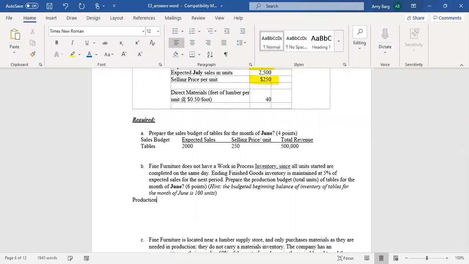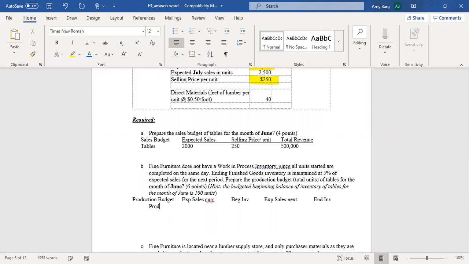So the production budget, we want to know expected sales currently. We're going to want to know what the beginning inventory is. We're going to want to know what the expected sales for the next period are. We're going to want to know the ending inventory, and we're going to need to know how much goes into production. And I need all that on one line.